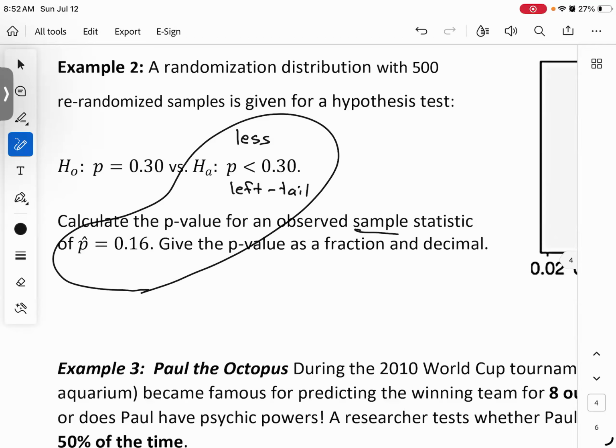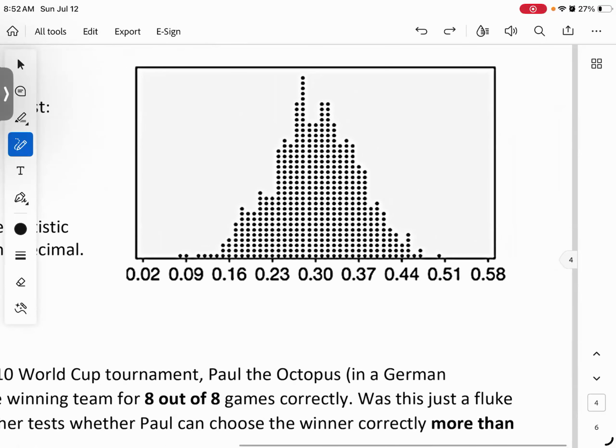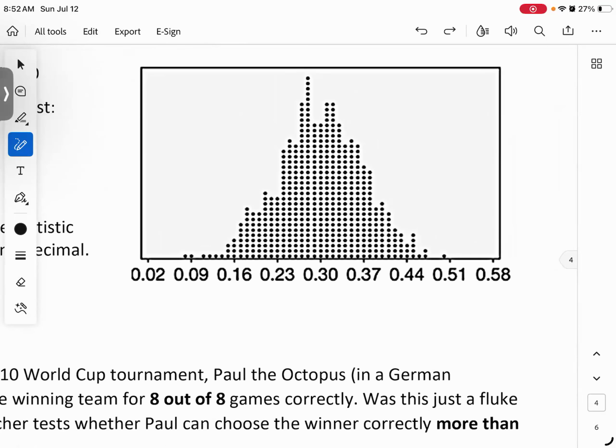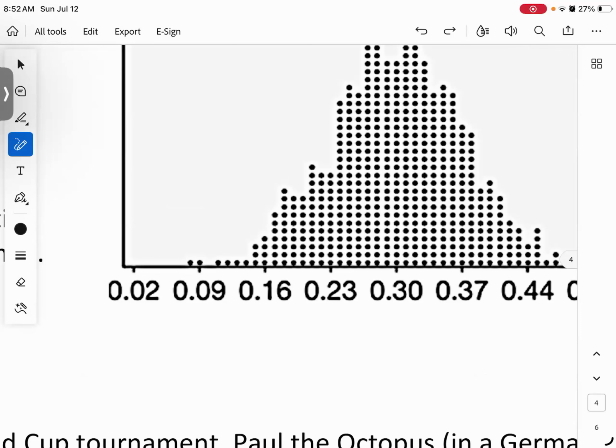Well, they could re-randomize it many, many times and then come down here and notice that 0.16 is down there in the number line. And so you would take a little arrow and put it right about below where 0.16 is.